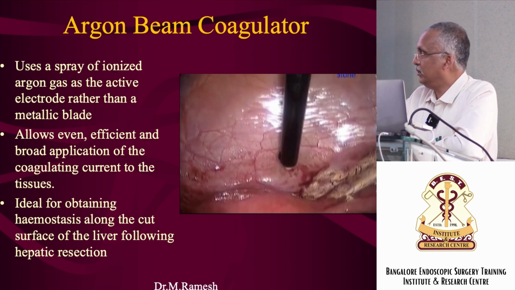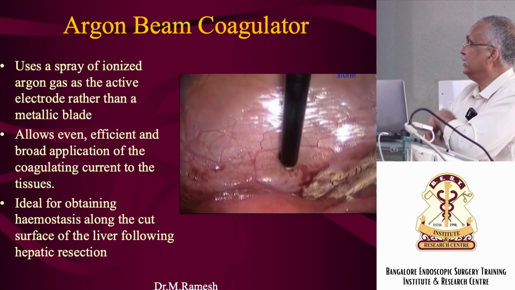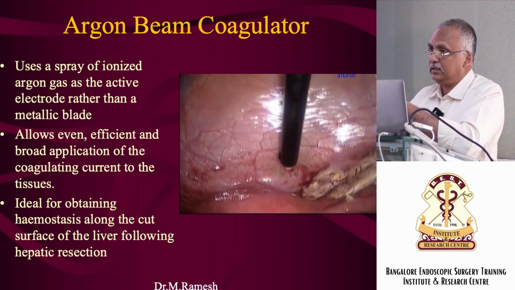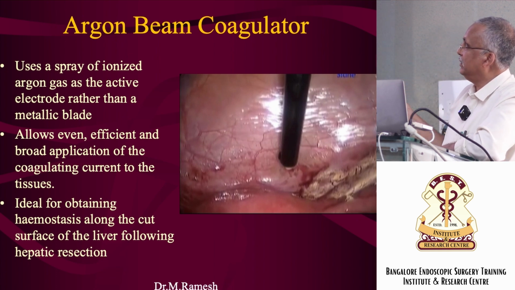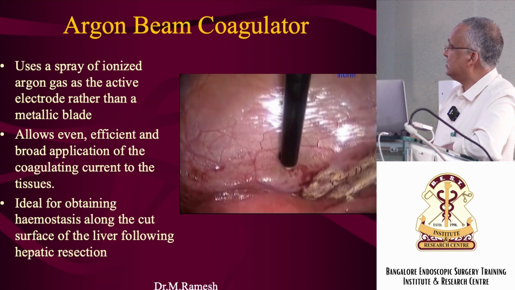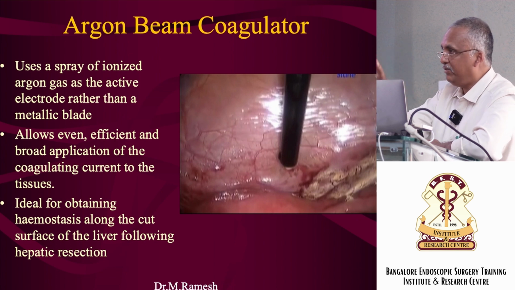That's about diathermy. Now you've heard about the argon beam coagulator, right? This is an add-on to a diathermy machine. You add on one more machine, and this argon beam coagulator is a spray. There is a spray of argon gas, like a spray coagulation, and that causes fulguration.